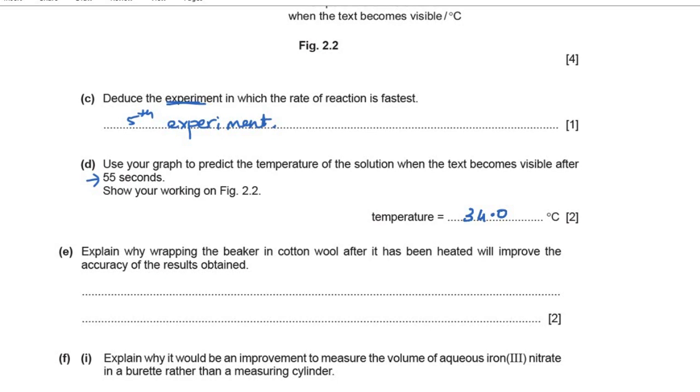So let's go ahead with the next sub question. It says, explain why wrapping the beaker in cotton wool after it has been heated will improve the accuracy of the results obtained. Now, to answer this question, let's understand what is actually happening. What we are doing is changing the temperature of the reaction mixture and finding out the time in seconds to complete the reaction.